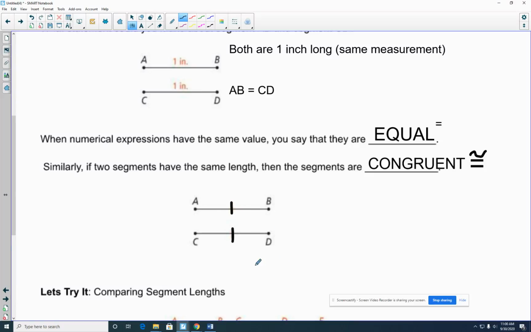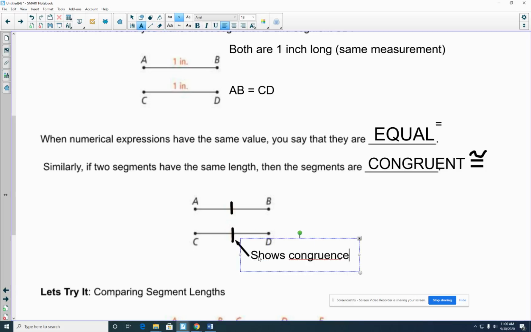So I'll write a little note here: this little tick mark shows congruent. If two things are congruent, they're like exact copies.